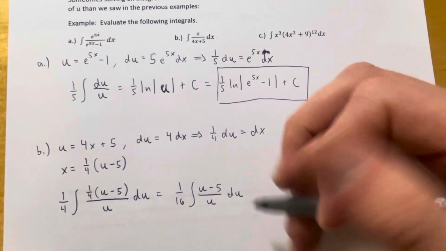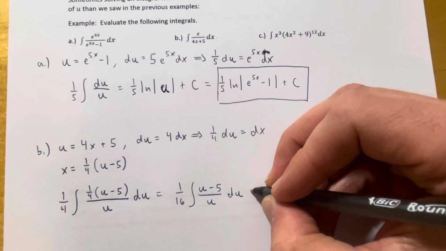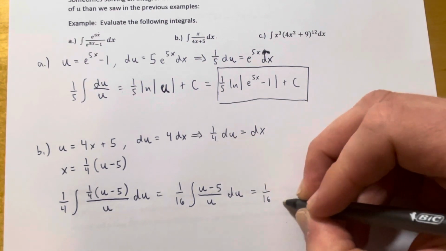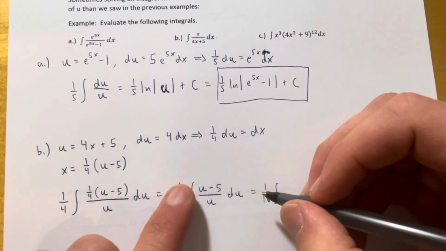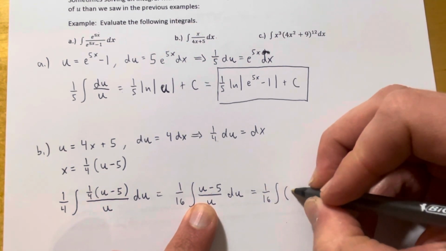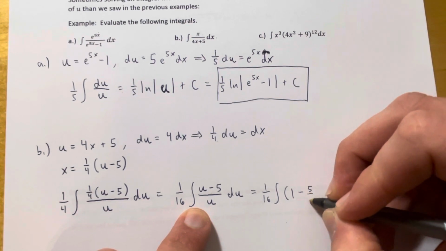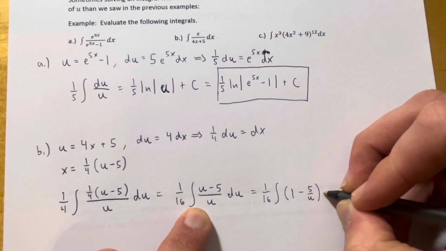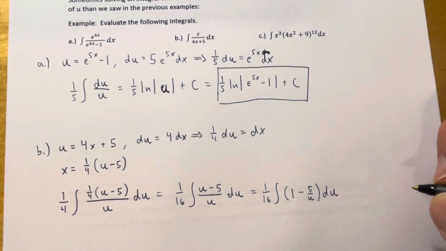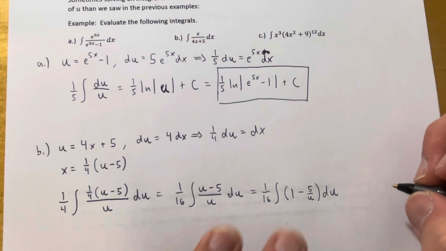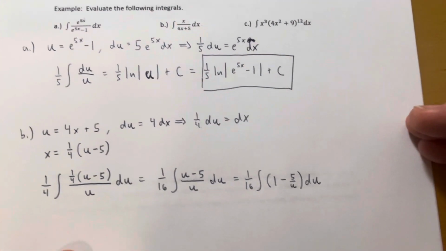And the reason that's helpful is because I can split this into two separate terms. I can write it as u over u, which is really just 1, minus 5 over u, du.